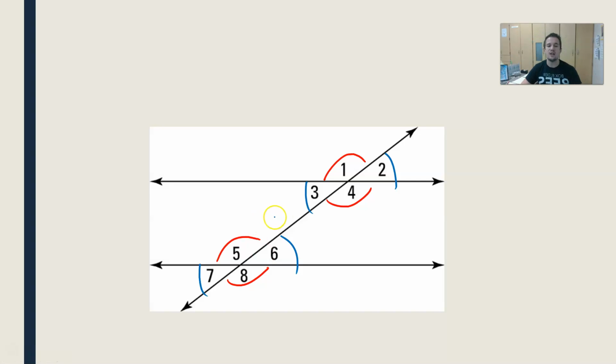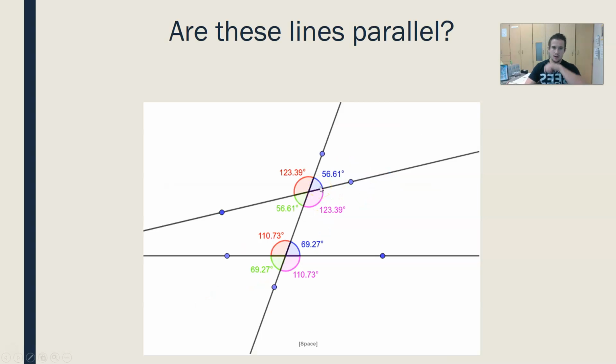So amidst all the relationships we discussed, like alternate interior angles, alternate exterior angles, corresponding angles, like this one and this one, or consecutive interior angles, all those relationships form these congruent angles. So when in doubt, if you sometimes forget what those relationships are, you can always remember that these pairs of angles are congruent to each other.